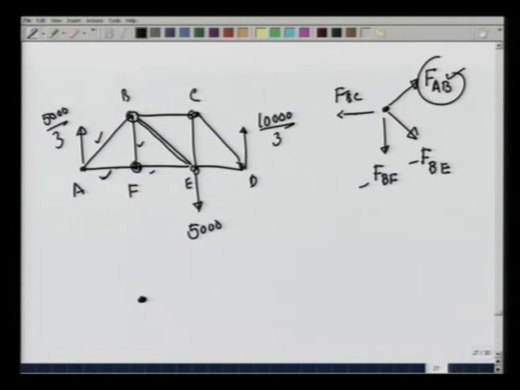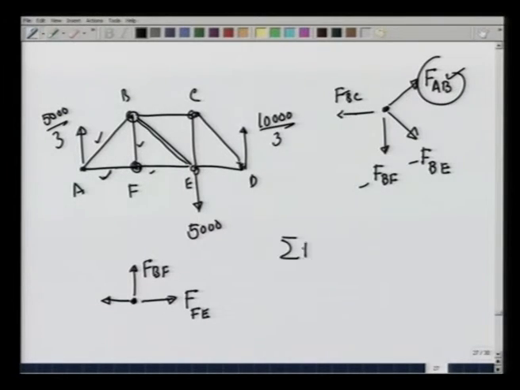F there is one known force FAF, and FAF we had determined it to be a force which is tensile, and therefore, it pulls the point F, or the pin at F, in this direction. There is a force FFE and there is a force FBF.